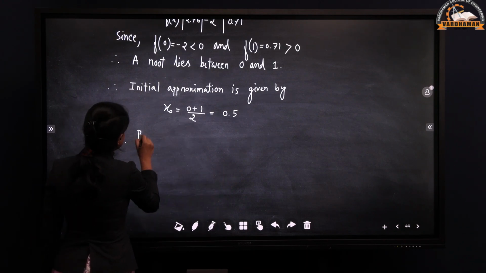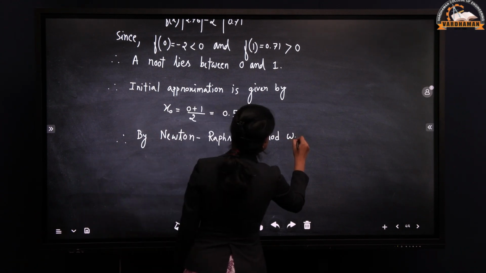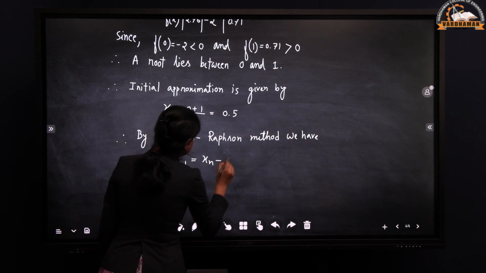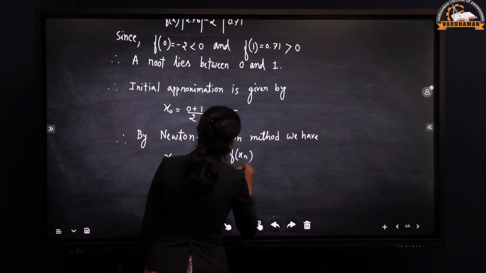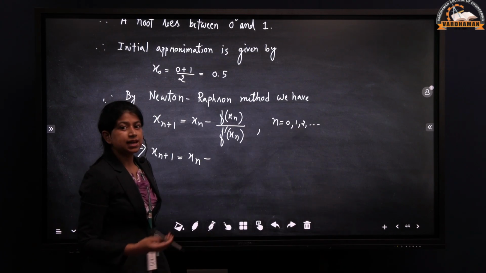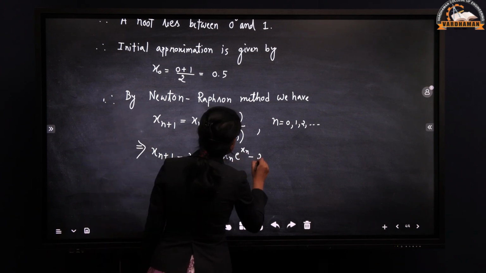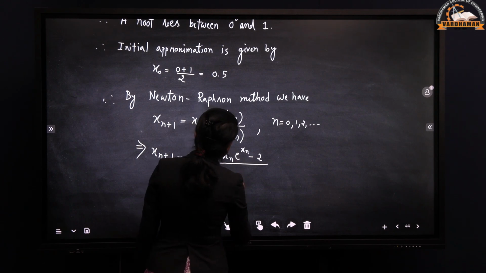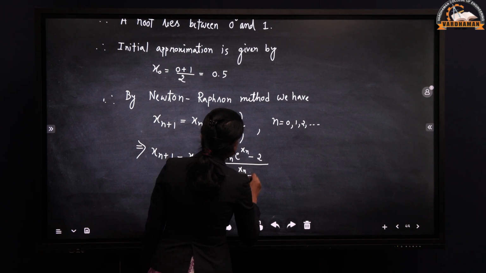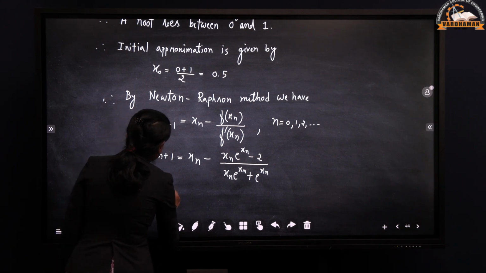Therefore, by the Newton-Raphson method, we have xn+1 equal to xn minus f(xn) by f'(xn), where n is 0, 1, 2 and so on. What is f(xn) here? xn e^xn minus 2. And what is f'(xn)? It will be xn e^xn plus e^xn. Now let us take the LCM. So what we will get?